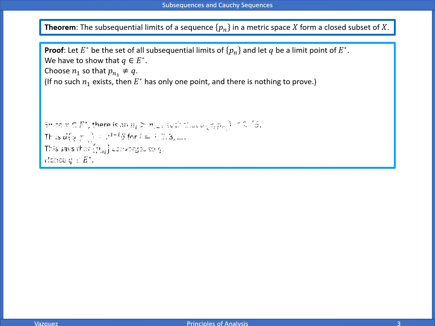If no such n sub 1 exists, then E star has only 1 point, and there's really nothing to prove, right? Because then Q would be in E star. Now, the more interesting case, the case where E star has more than 1 point. We're going to let P sub n sub 1 not equal Q and put delta equal to the distance between Q and that point P sub n sub 1.